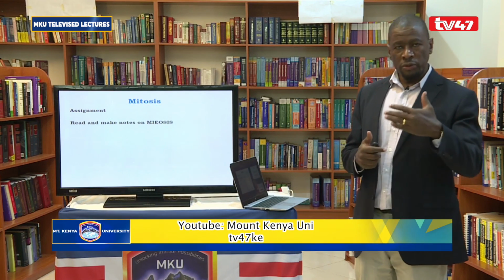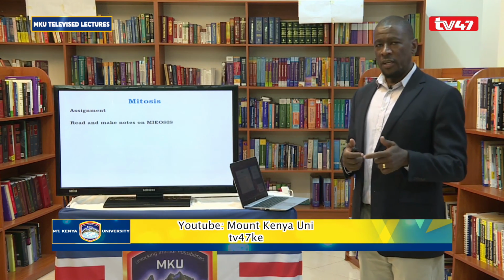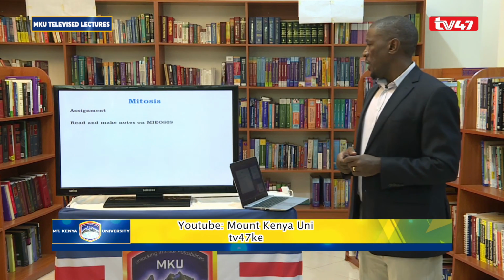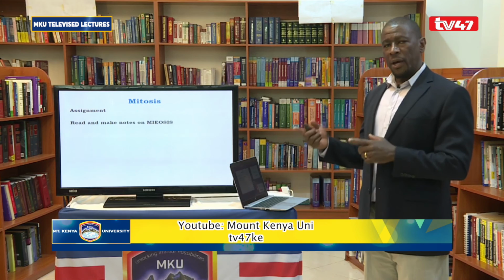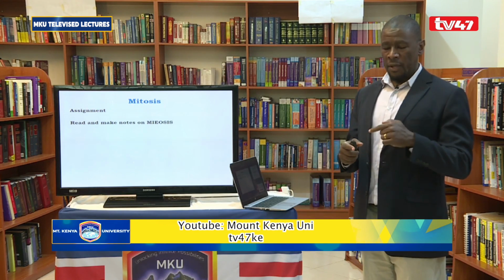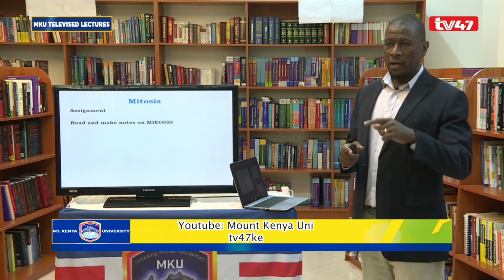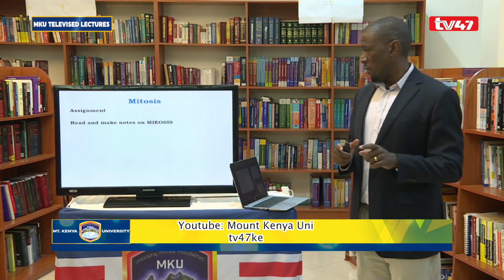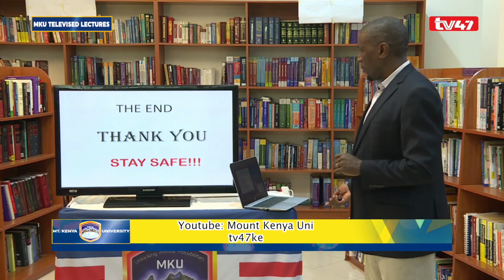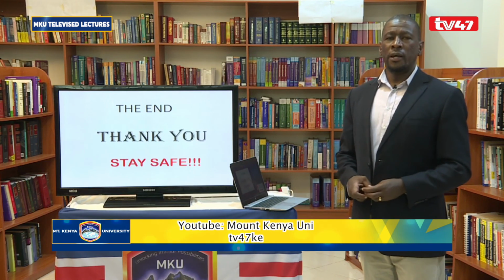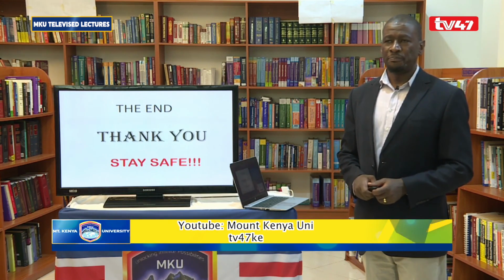So I'd want you to check those two divisions and see how they correlate with mitosis and how we end up with half the number of chromosomes compared to mitosis, where the parent and the daughter cell have equal amounts of chromosomes. So with that, class, I'd want to conclude the lecture, and thank you for attending.